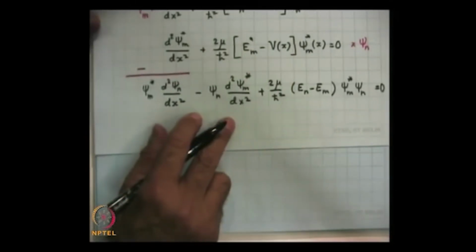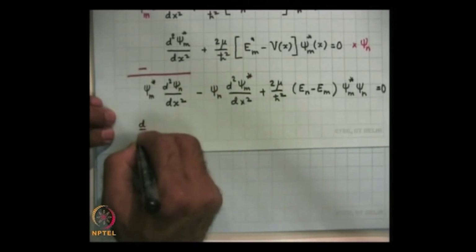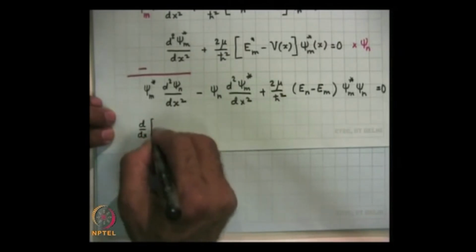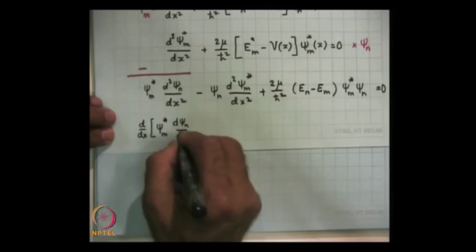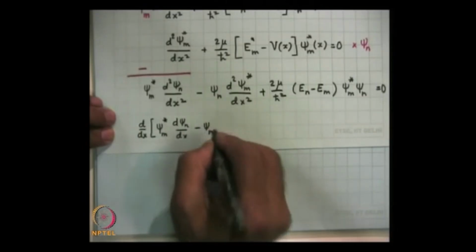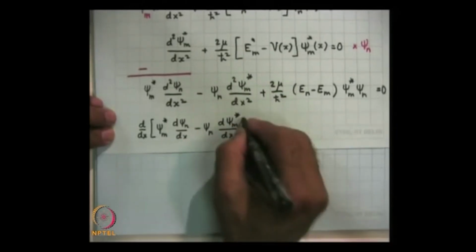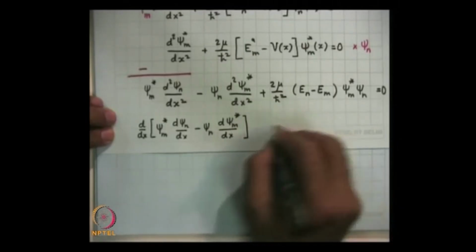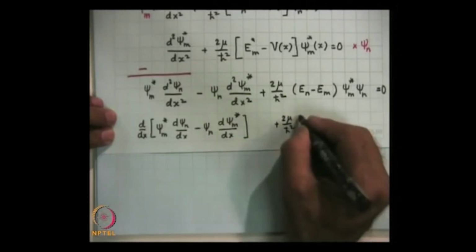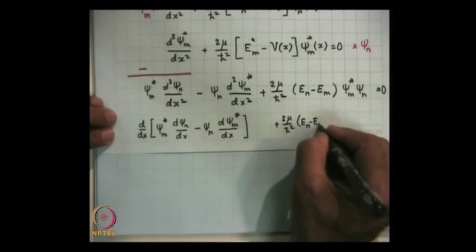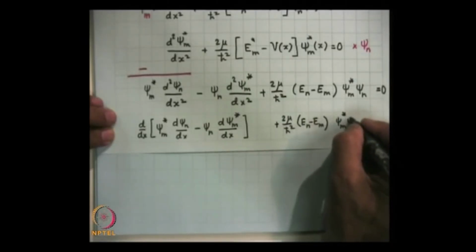What we do next, as we had done in the previous slide, is write this as a total differential: d by dx of psi m star d psi n by dx minus psi n d psi m star by dx, plus the same quantity 2 mu by h cross square, E n minus E m, psi m star psi n.